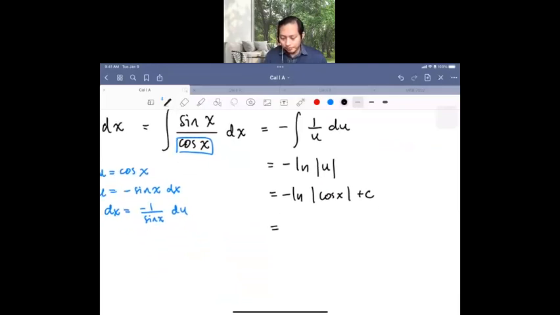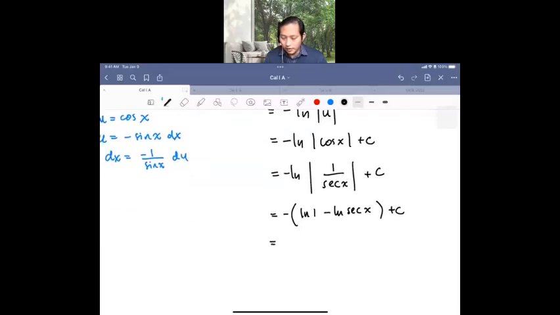We can also rewrite this cosine in terms of secant in order to remove the negative. So this will be negative ln 1 minus ln secant x. And thus we will have ln secant x plus c.